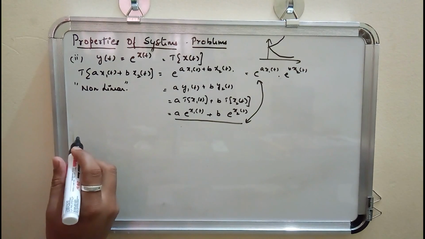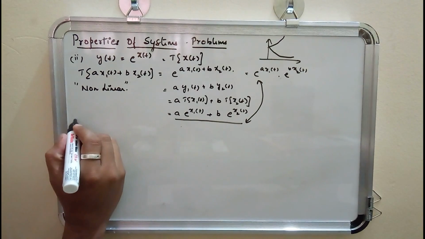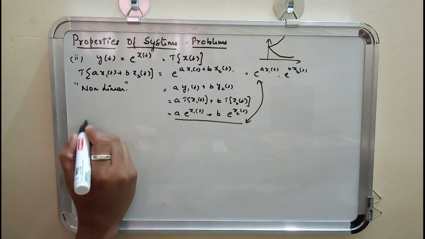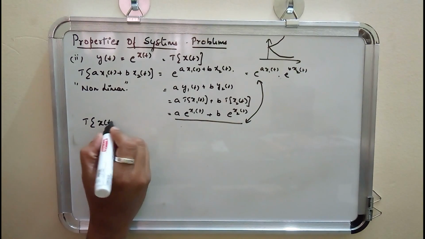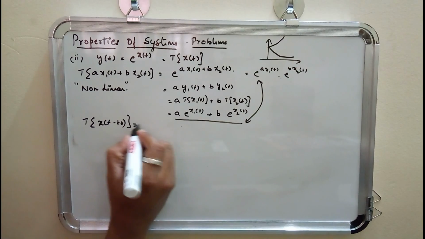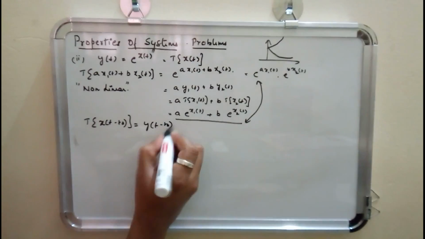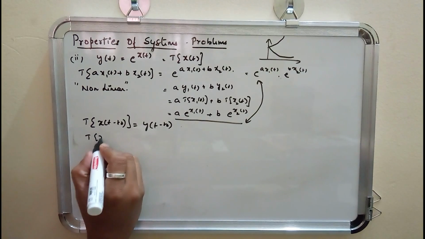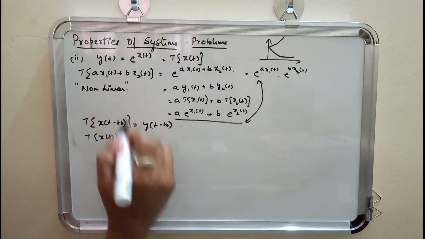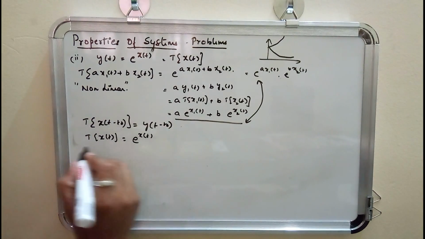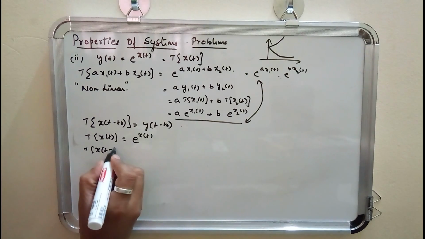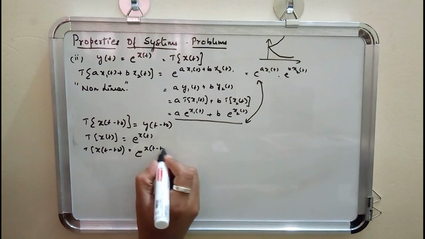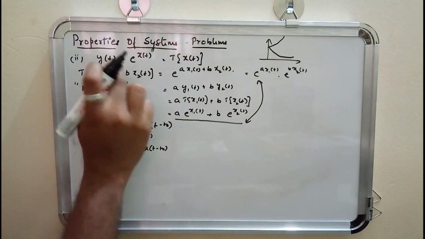The second one would be time invariance. The time invariance property says that a shift in the input should result in the same shift in the output. Transformation on x of t is e power x of t. What is the transformation on x of t minus t naught? It is exponential of x of t minus t naught. Now what is y of t minus t naught?